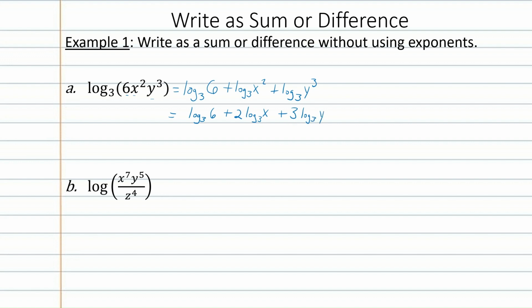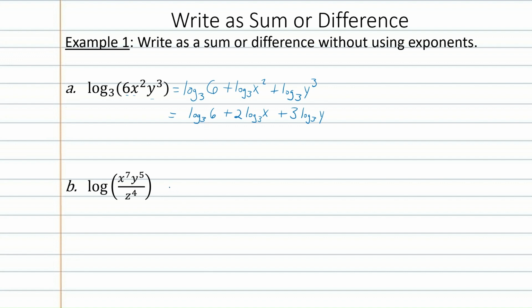And now we have expanded this logarithm and turned it into additions, and we have no exponents to worry about here. If we could simplify the log base 3 of 6, we would, but it doesn't simplify down to a whole number or anything. So we're just going to leave it in that log form.